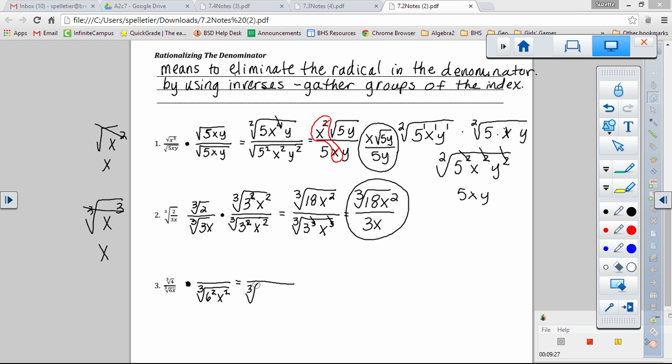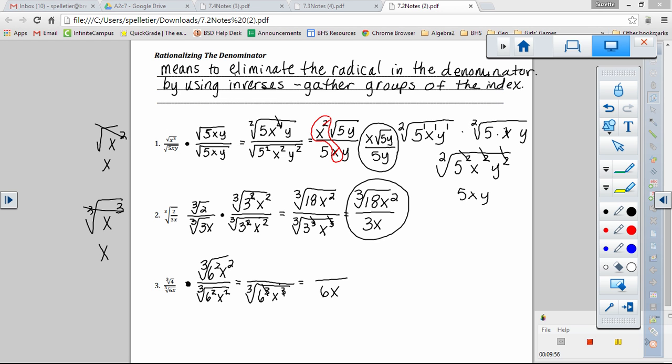Okay, so if I consolidate those together under one radical, I have 6 to the third and x to the third, and both of those cancel, which gives me 6x for my denominator. Again, if I multiplied the denominator of my fraction by the third root of 6 squared x squared, I have to multiply my numerator by 6 squared and x squared.